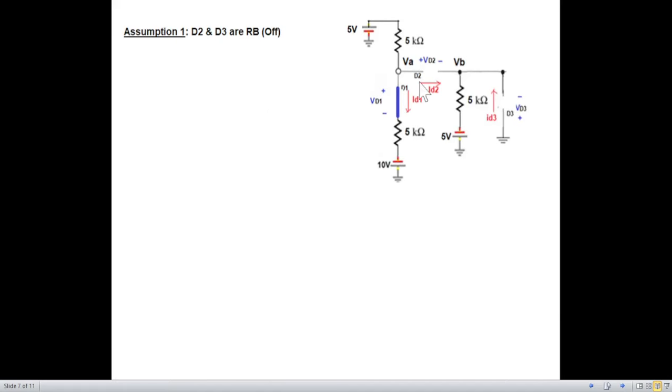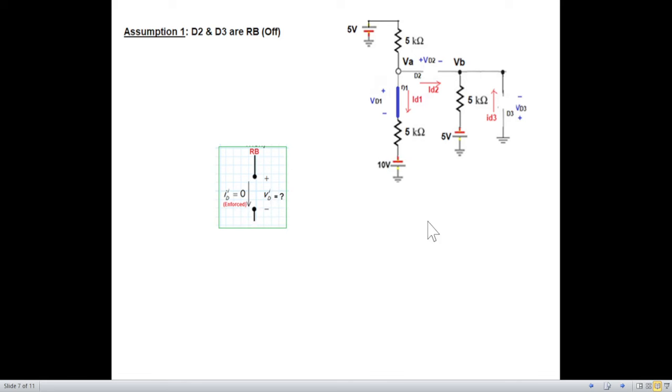Okay, so assumption 1: D2 and D3 are off. Off means we have just open circuited these two. And there is a very important technique whenever we are working with a circuit, especially when a diode is off: we put current 0 in forced condition, and we have to find the voltage across it.